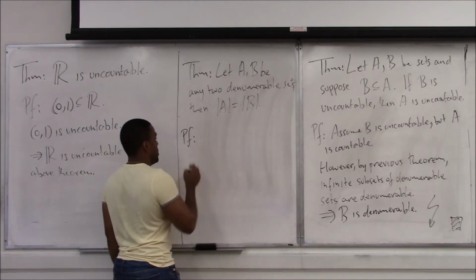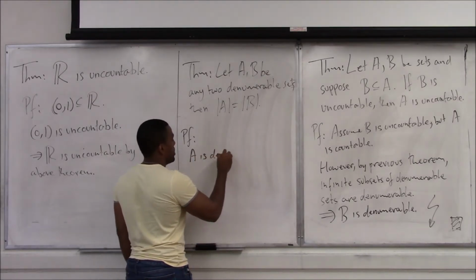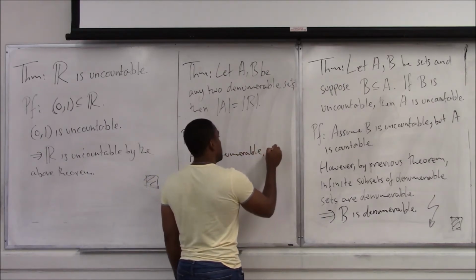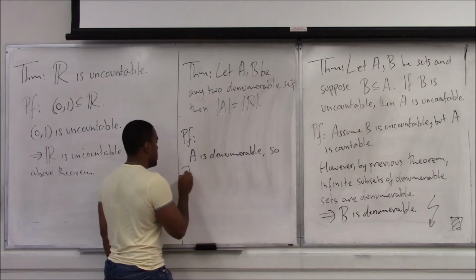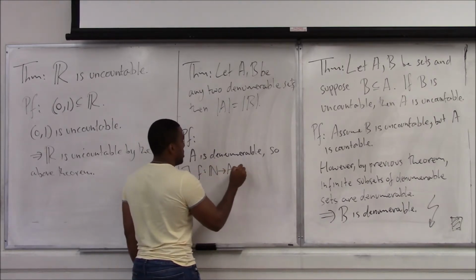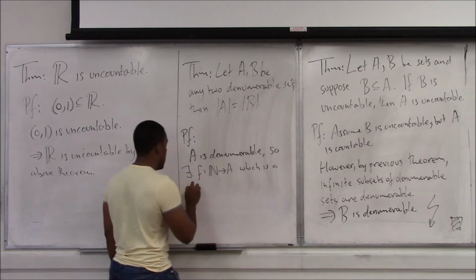So proof. A is denumerable, so we can actually find that function. So there exists f from N to A, which is a bijection.